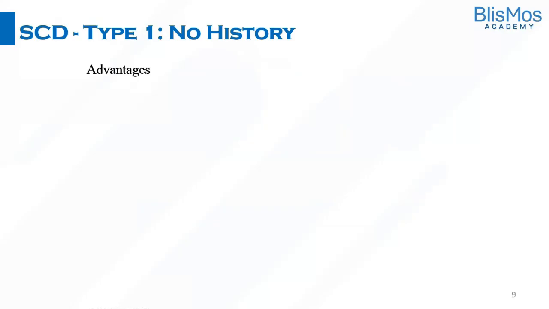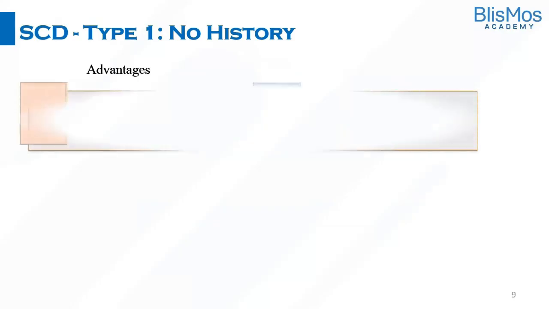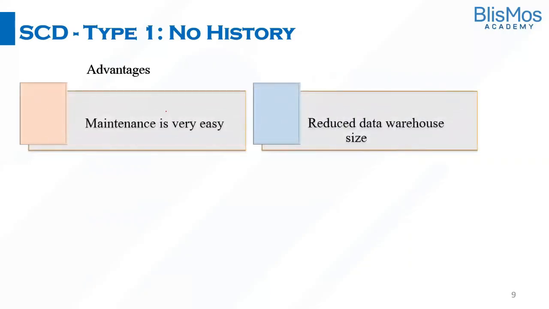Let us look at what the advantages of this type 1 SCD are. In this case, maintenance is very easy because we are just replacing the old value with the new value. There is no tracking of the history. Nothing needs to be done extra. Because we are not adding any extra rows, the size of the data warehouse will remain the same.